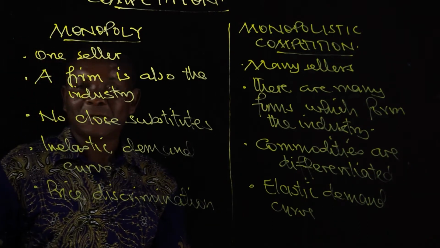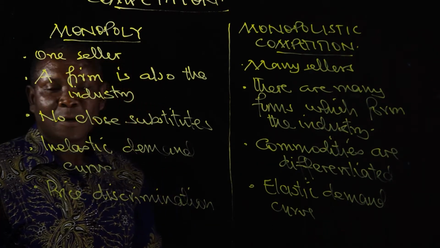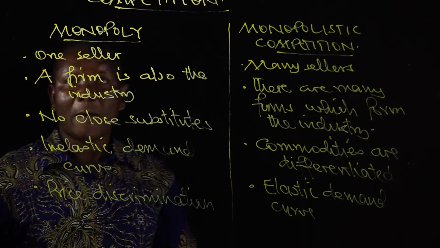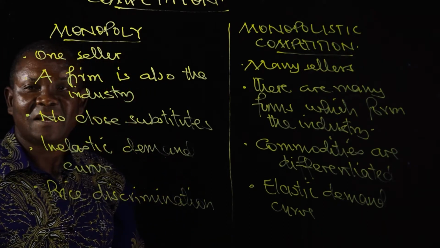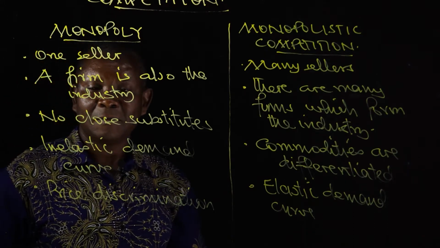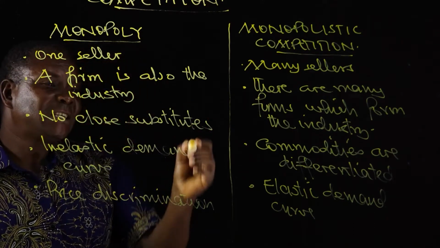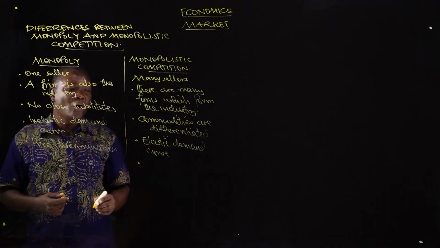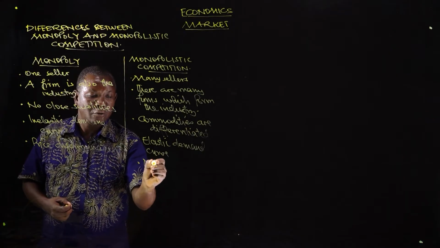My dear students, we said price discrimination is the process whereby the monopolist charges different prices for the same commodity to different buyers. But under monopolistic competition, there is no price discrimination.